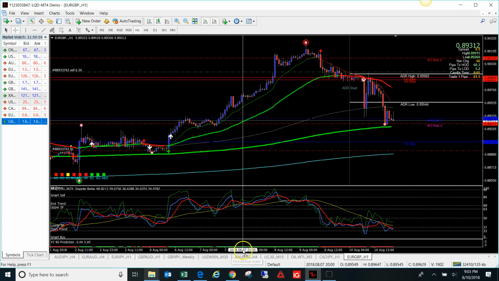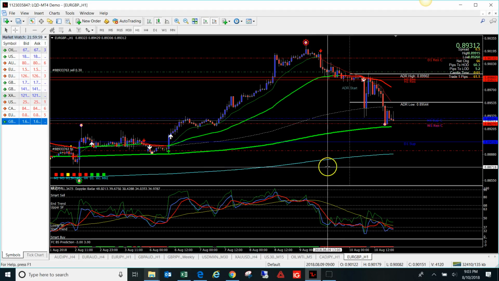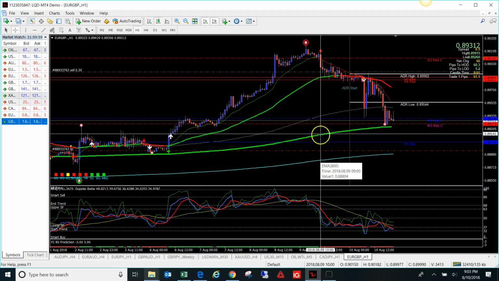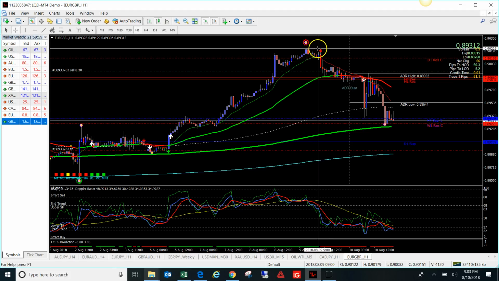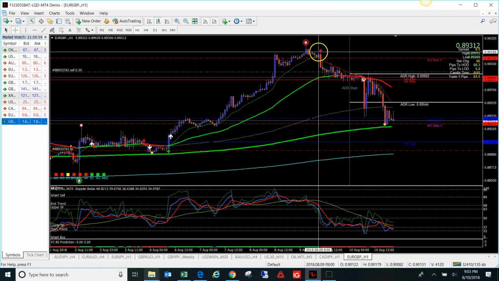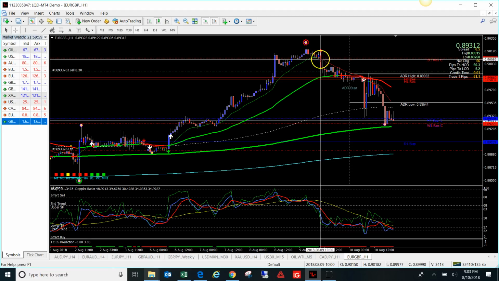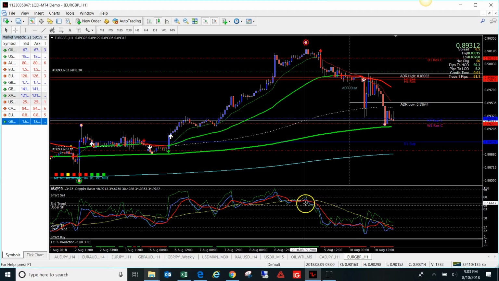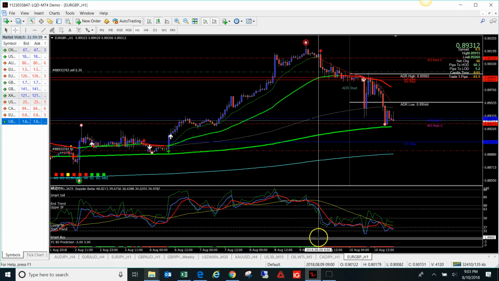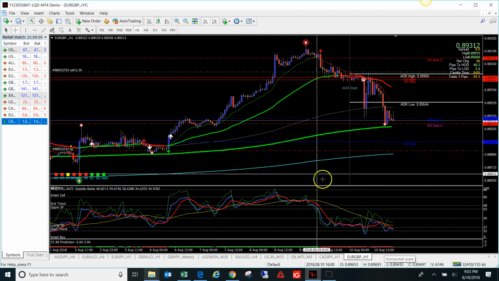And if you follow it all, it's still green. All the way down here, you see it turns red, so the bears came in. And if you go up from that point, look at that, you have a sell signal right there too. Check the Doppler, it confirms the sell, and so does this indicator down here.